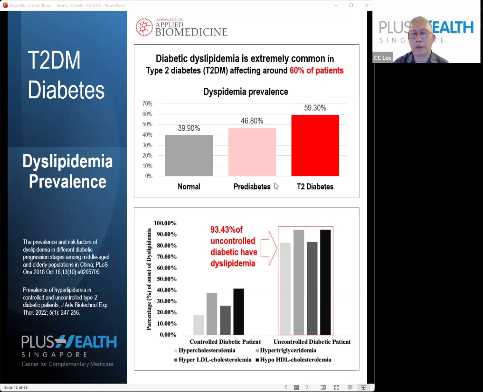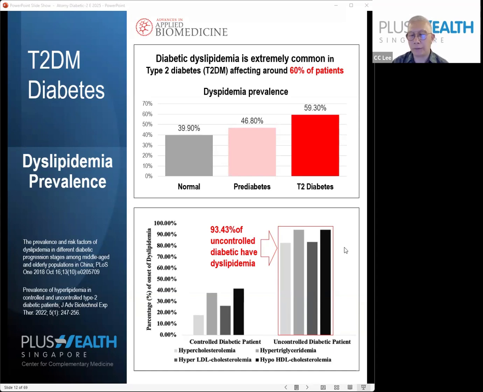This chart shows that for a normal person the prevalence rate is about 40%, but in type 2 diabetics the prevalence rate is close to 60%. That means if you are a type 2 diabetic patient, there is a 60% chance that you will suffer from lipid disorder.